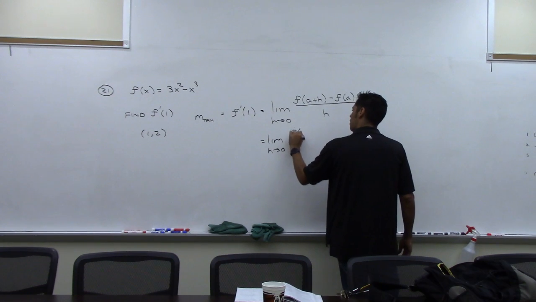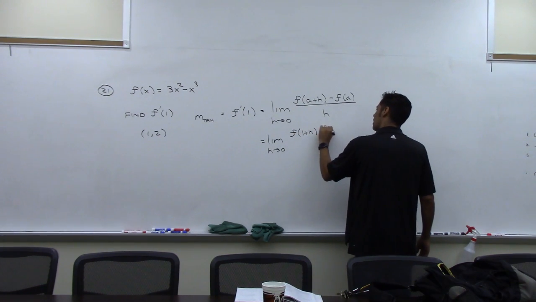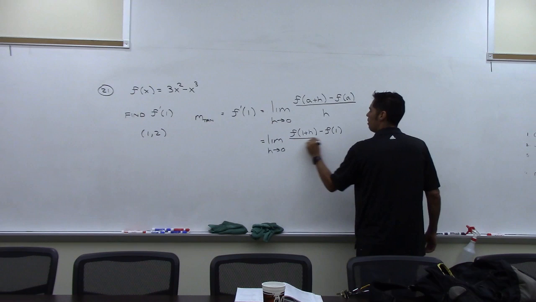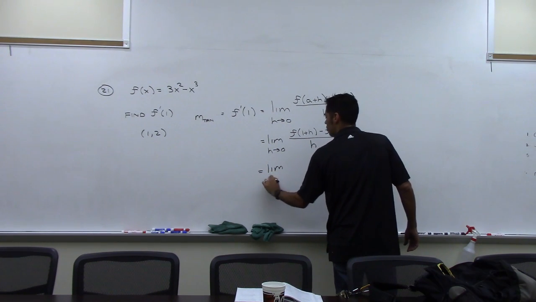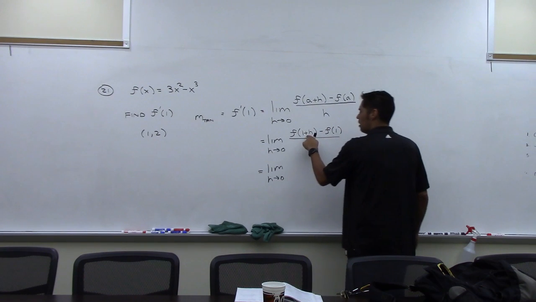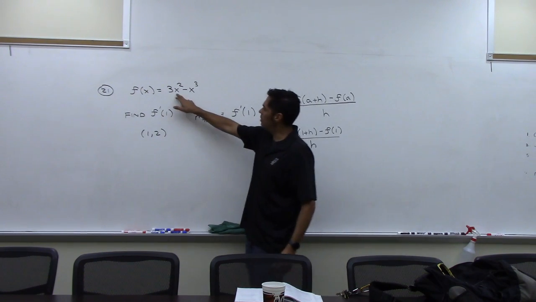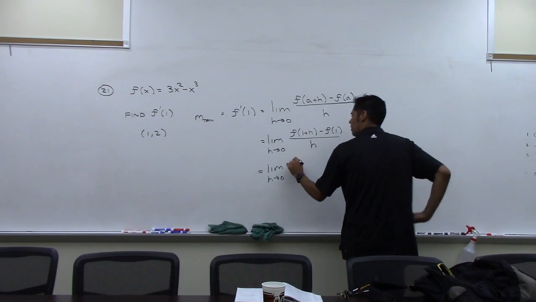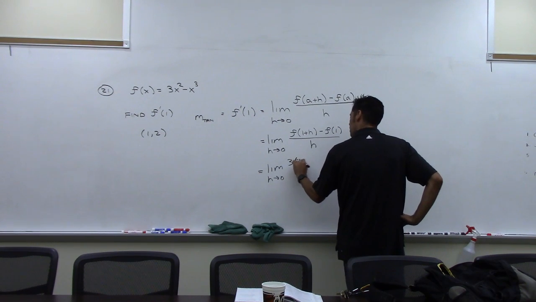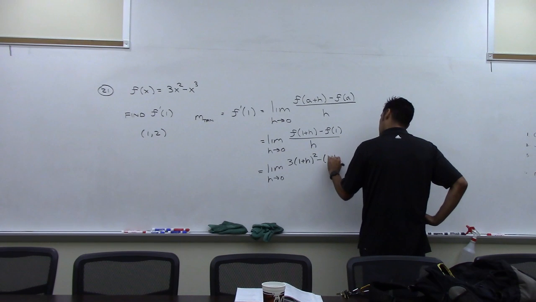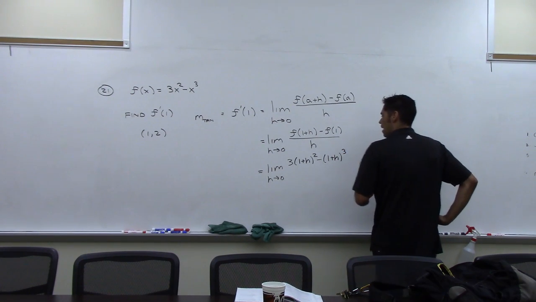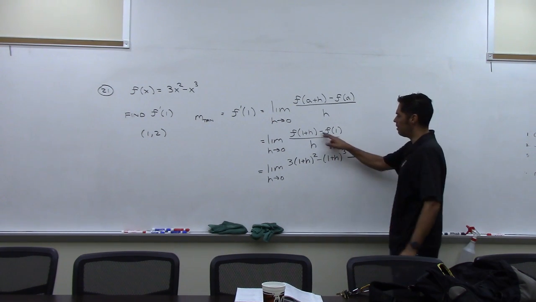So we get f of 1 plus h minus f of 1 all over h. And now we get to plug 1 plus h into the function wherever we see an x. So here and here. So we'll have 3 times 1 plus h, that quantity squared, minus 1 plus h cubed. And then minus, right here, f of 1.